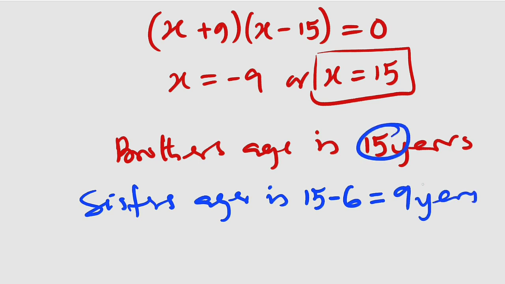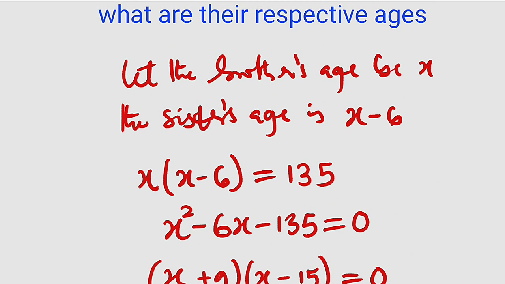So he is 15 while his sister is 9. And when you multiply these two numbers together, 15 and 9, definitely you get 135, because they said the product of their ages is 135 years.